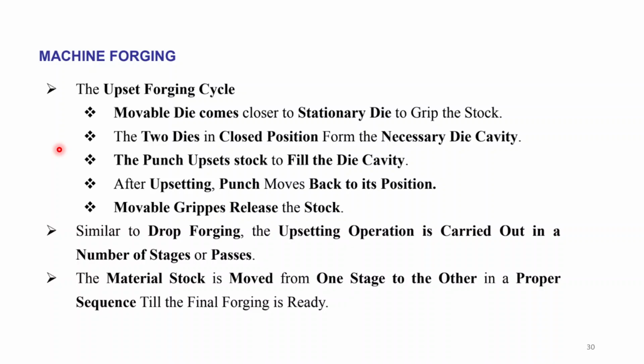The punch upsets the stock to fill the die cavity, and after upsetting, the punch moves back to its position, and the movable grips release the stock. Similar to drop forging, the upsetting operation is carried out in a number of stages or passes, and the material stock is moved from one stage to the other in a proper sequence till the final forging is ready.